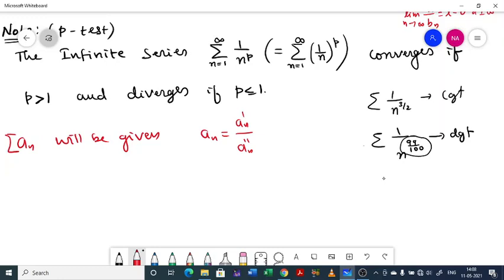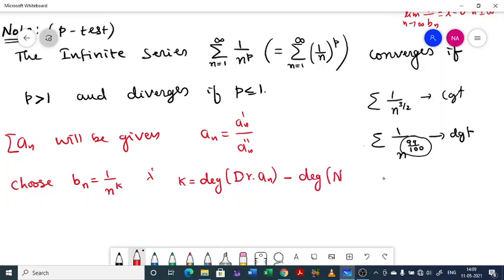So choose bn to be 1 by n power k, such that k is equal to the degree of the denominator of an minus the degree of the numerator of an.